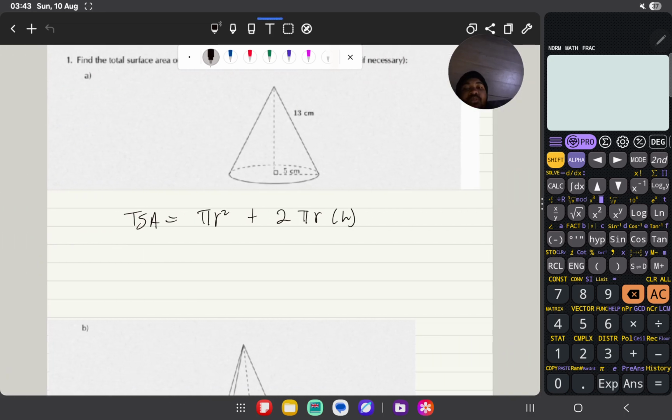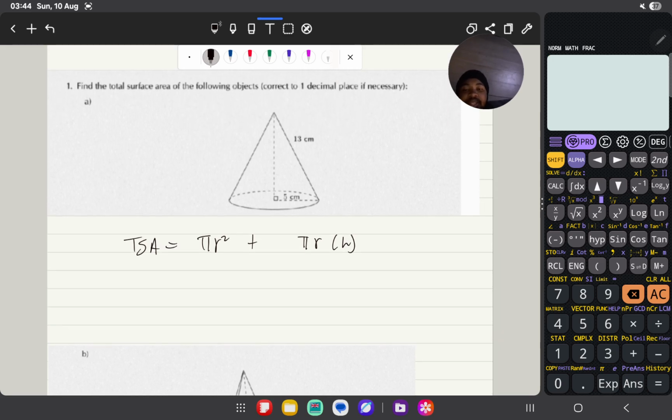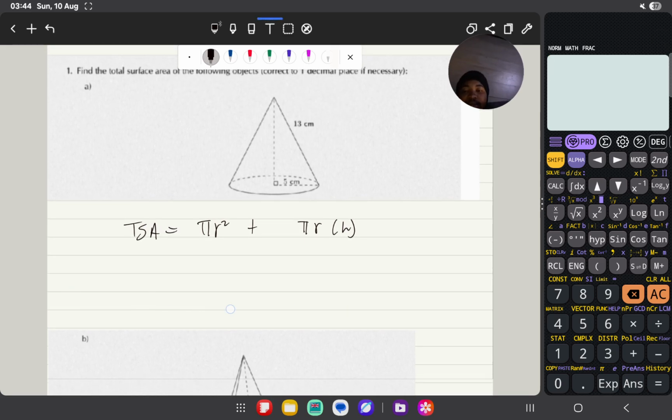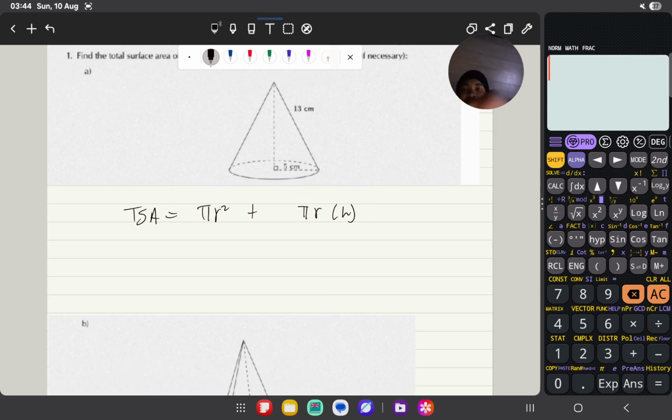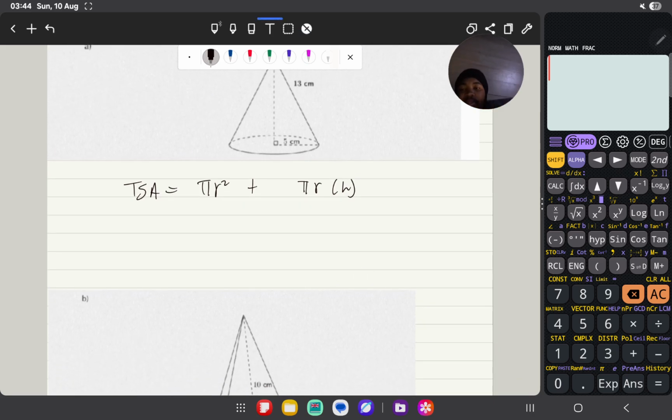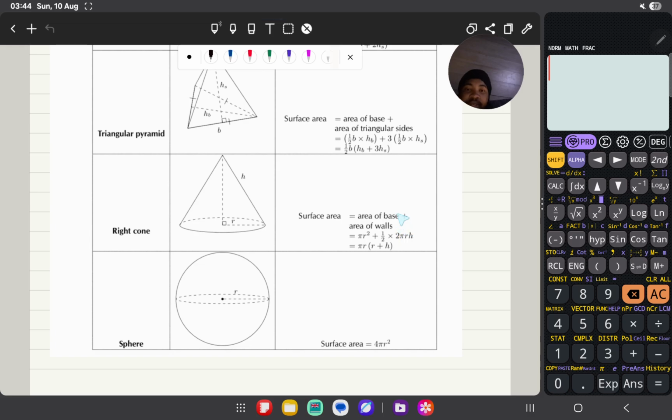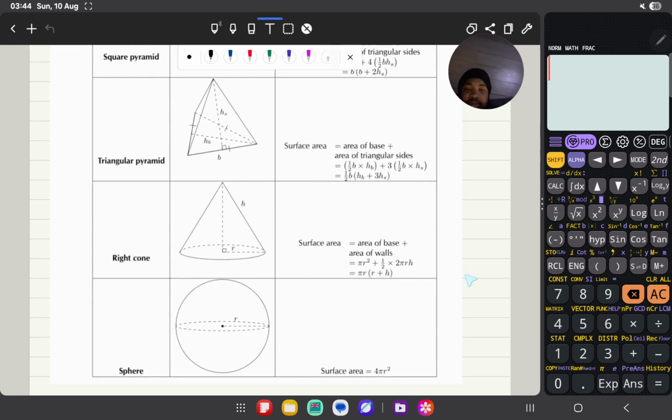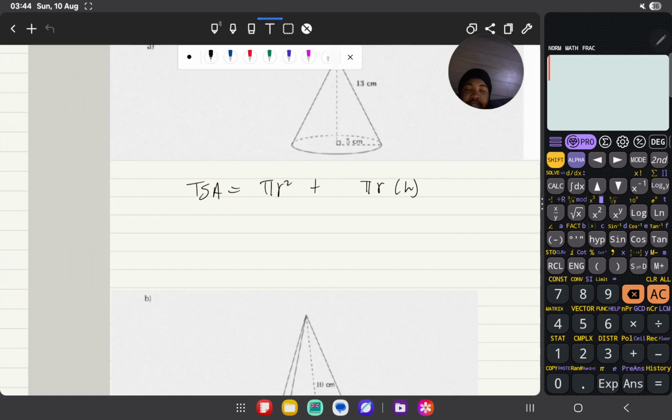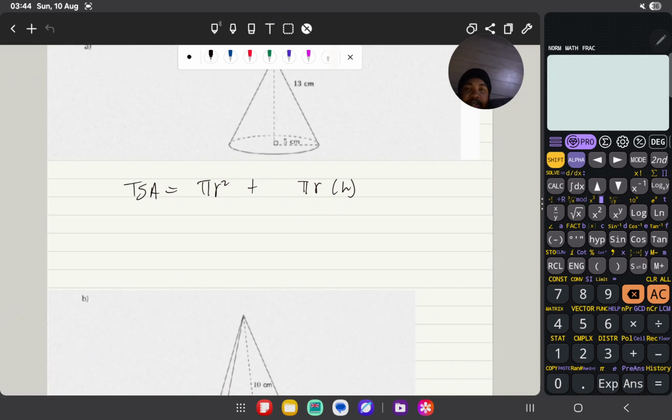Ooh, I forgot the half. So I can just write it like this. Yes, the half divides that.